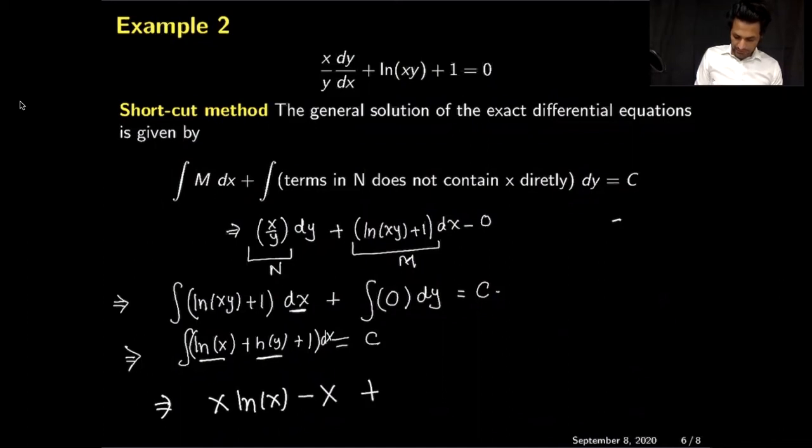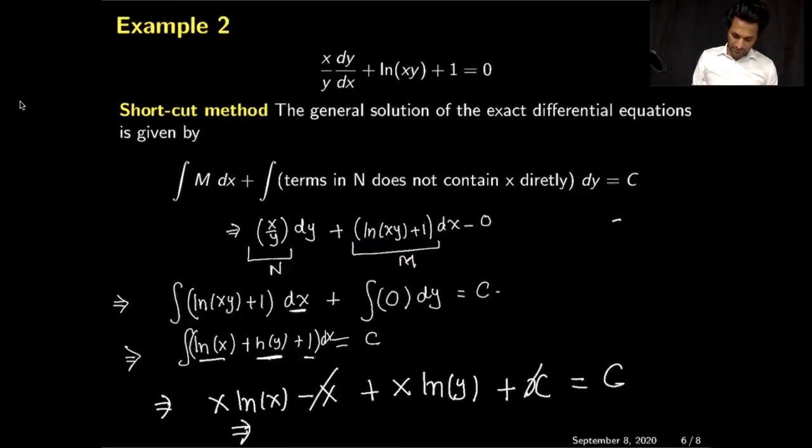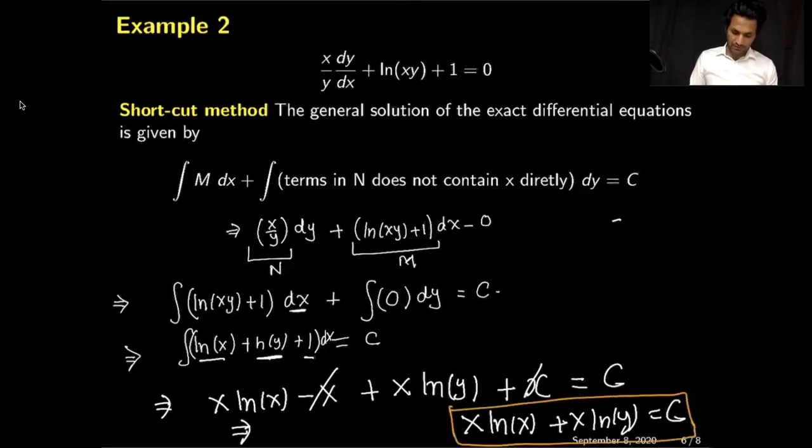And if I integrate this function with respect to x, this is a function of y, so it's a constant, so the constant times x, and the derivative of 1 is x, is equal to c. As you can see, this x will cancel out. So the solution of this ordinary differential equation is x natural log of x plus x natural log of y is equal to c. It's the same answer which we obtained in our last example, but here we used a little bit of a shortcut method to compute that solution.